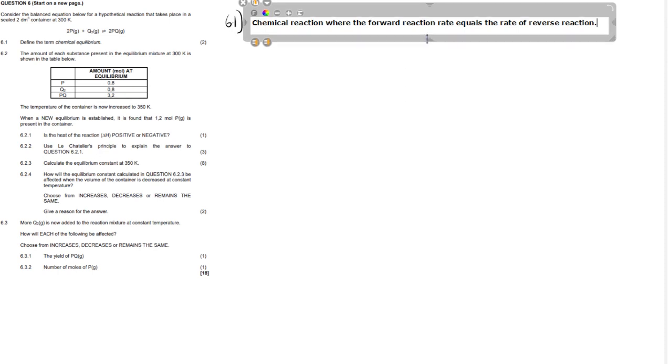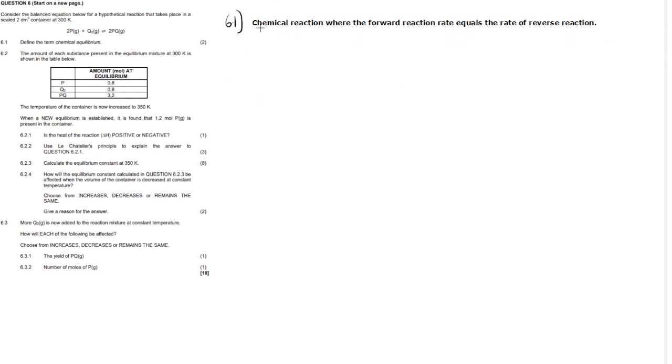Essentially you do not technically need the first part, chemical reaction. The only thing that's important, generally according to marking guidelines, is that the forward reaction rate is equal to the reverse reaction rate.